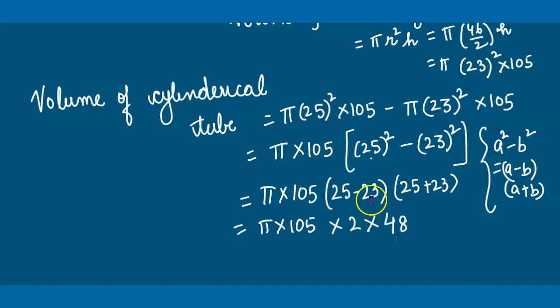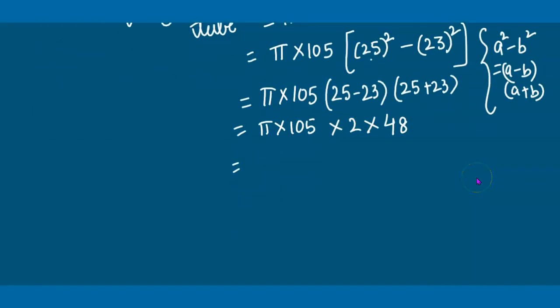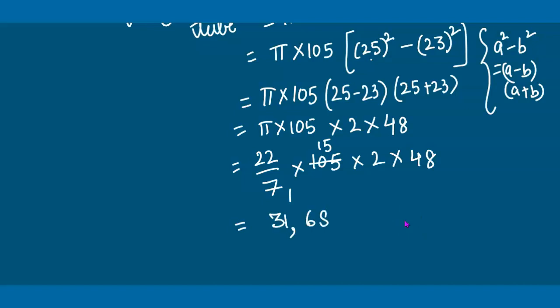So let's put the value of pi over here: 22 over 7 into 105 into 2 into 48. So this is equal to 15, and the answer will be 31,680 centimeter cube. So I hope it is clear. Thanks for watching. Goodbye.